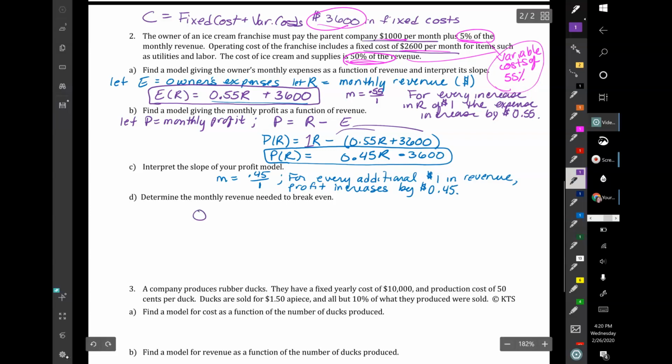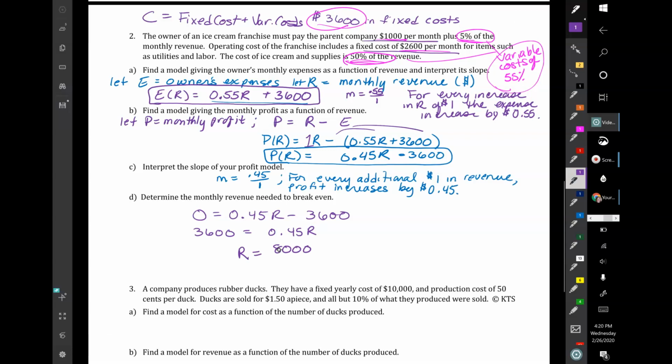So we would have 0 equals 0.45 R minus 3,600, because if we have 0 profit, that means we break even. So then I would just add 3,600 to both sides. Divide both sides by 0.45. And I get 8,000 as my R.